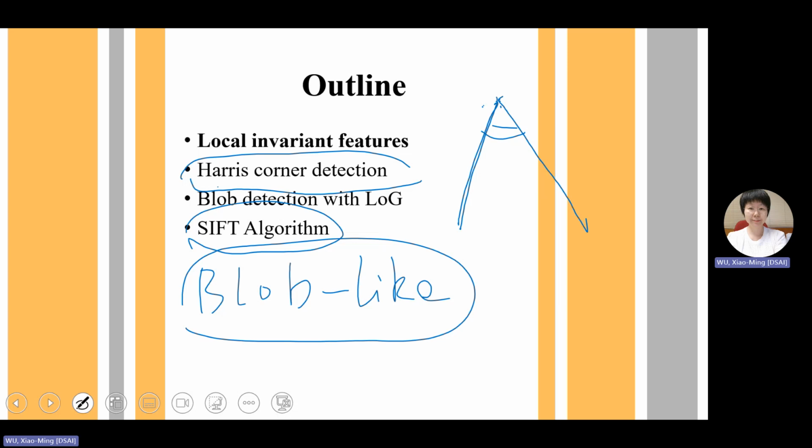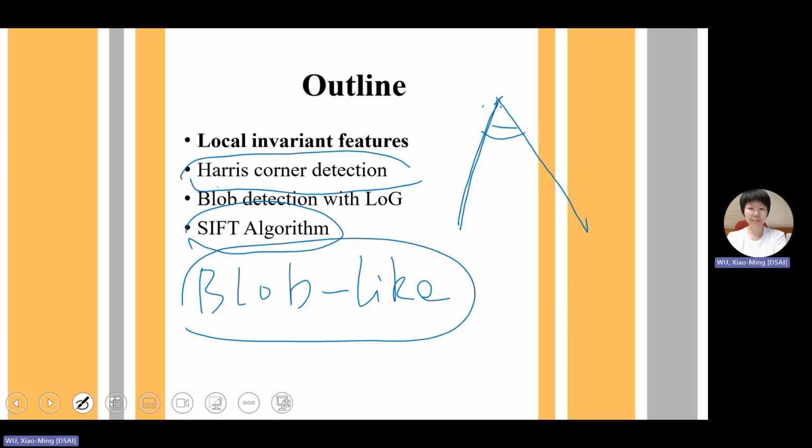Should we use gradient magnitude? Well, let's recall, when we want to identify horizontal edges and vertical edges, what do we use?